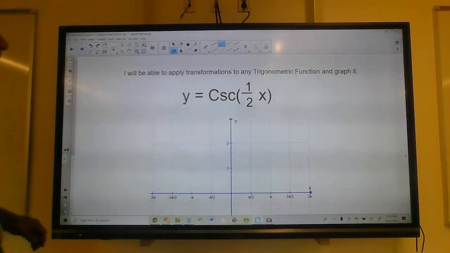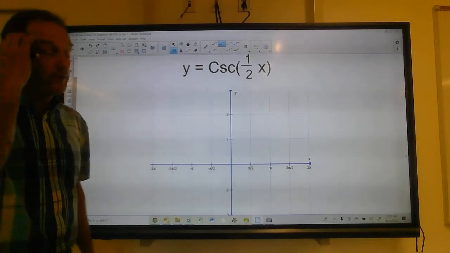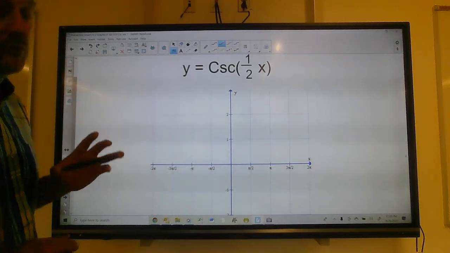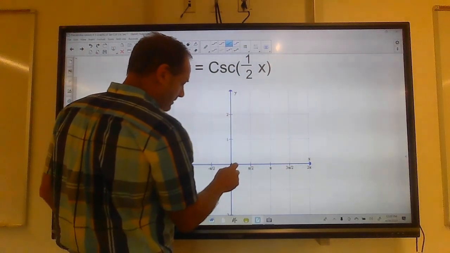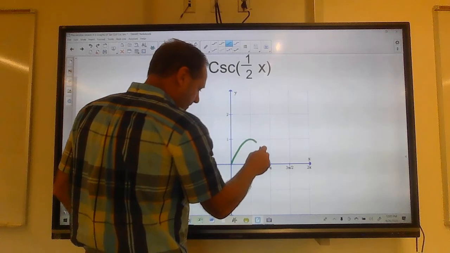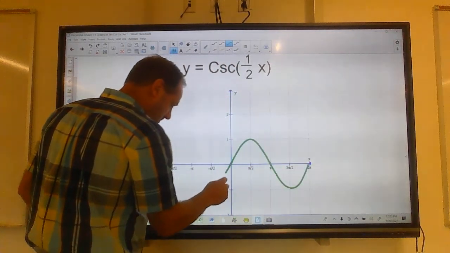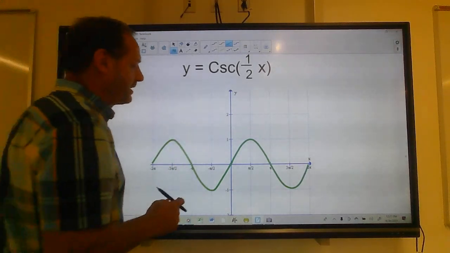Okay, cosecant of 1/2 x. All right, let me give you a little trick here. When you're doing cosecant and secant, I always start with sine or cosine. Okay, so sine would look like this. All right, so there's my sine.